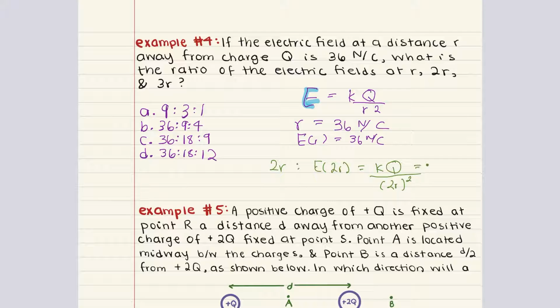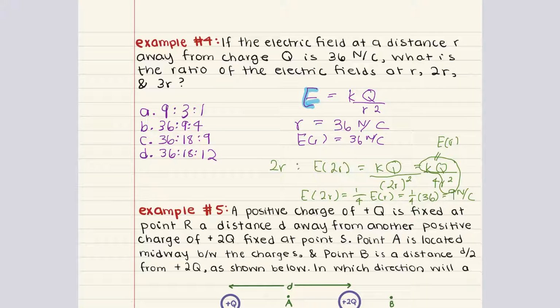If we expand that, that's kQ divided by 4r squared. Now what we notice here is this kQ over r squared is just our definition of the electric field at distance r. So our electric field at distance 2r is just 1/4 multiplied by the electric field at distance r. So this is 1/4 multiplied by 36, and that gives us 9 newtons per coulomb.